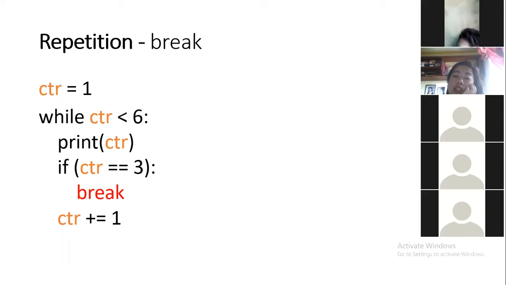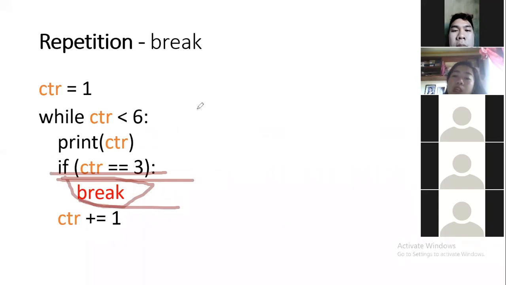Less than 6. 1, 2, 3, 4, 5. Kaso, dahil gumamit tayo ng break, pagdating daw sa, pag nag-true to, counter is equals to 3, break, puputulin niya yung looping niya. So, let's do this.